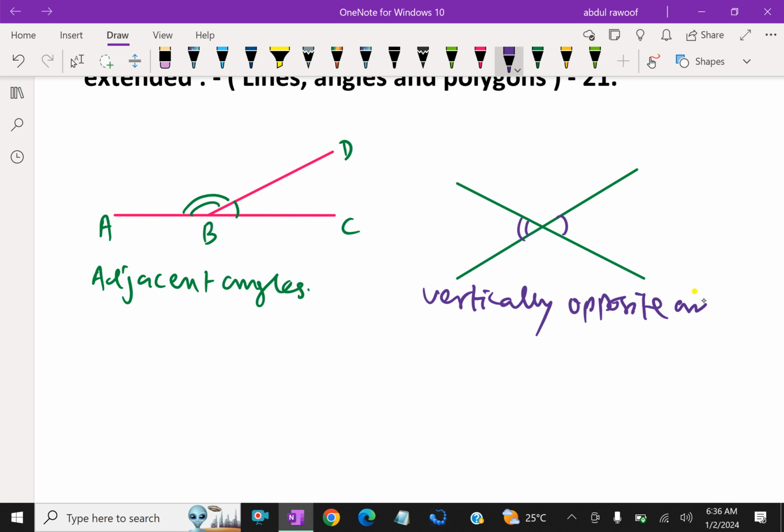Here, we talked about adjacent angles and vertically opposite angles. Now, we discuss further about properties of angles.